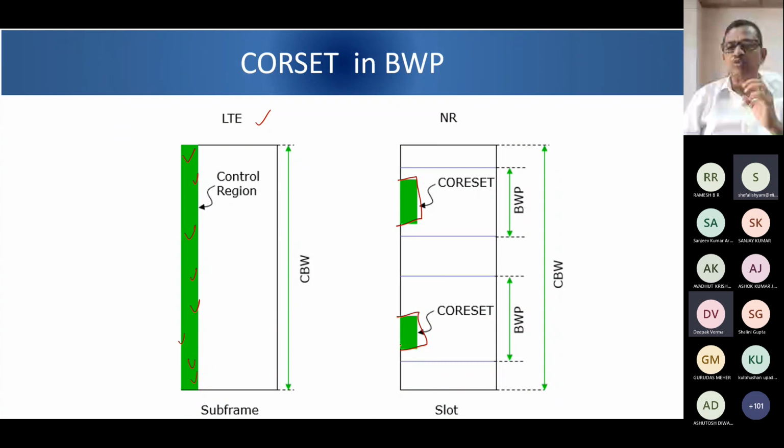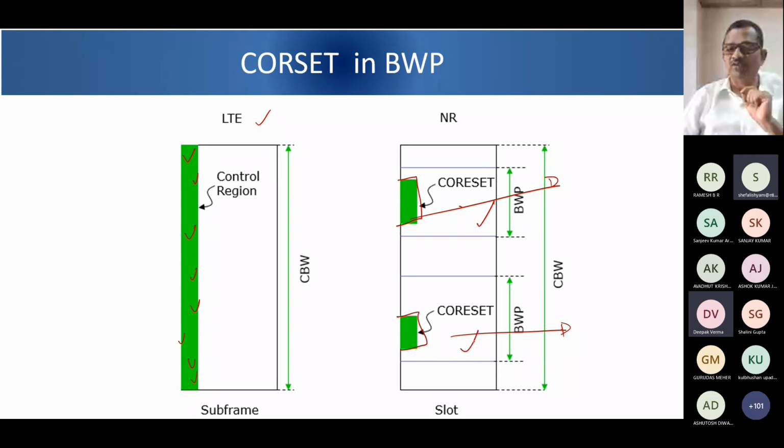That means tomorrow if technology changes, I can use a different technology here. I can use a different technology here because they are separated in the time domain and not dependent upon the other BWP. That's a very, very beautiful concept in New Radio, which makes it very, very flexible in terms of numerology. So here I can use a different numerology.